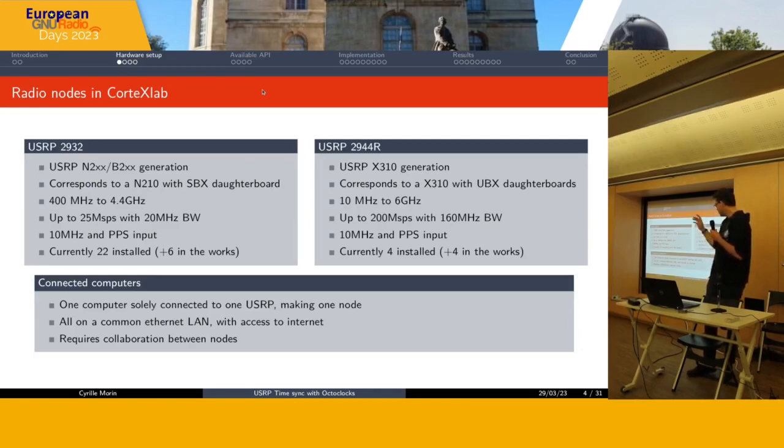We have more than 20 of the first kind and a few, in this case 4, of the second kind. And as I said before, all of these USRPs are individually connected to a different computer, and all the computers are in the same local area network via Ethernet. And so all these computers have to collaborate in some way to share the triggers and the clock resets with each other.